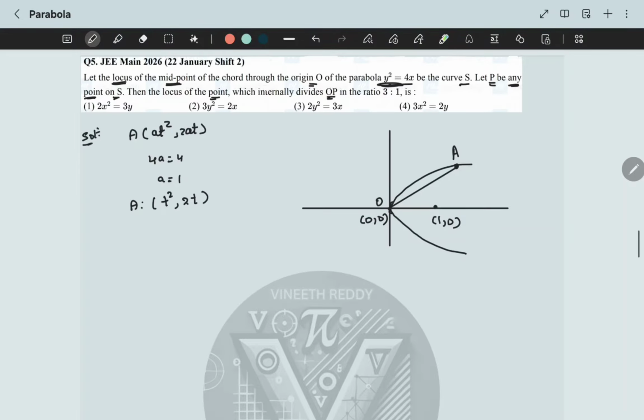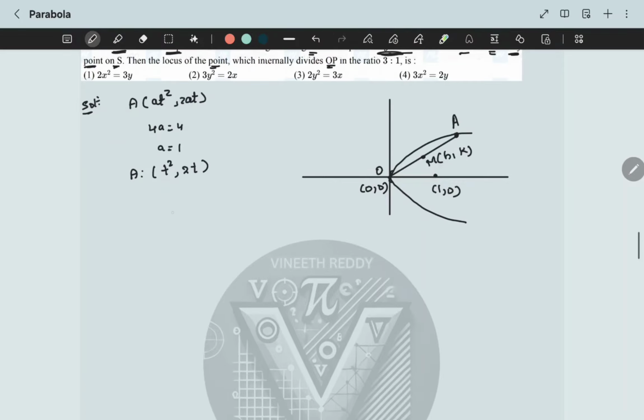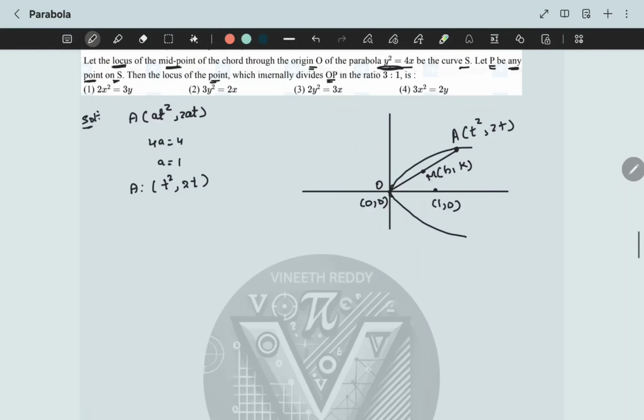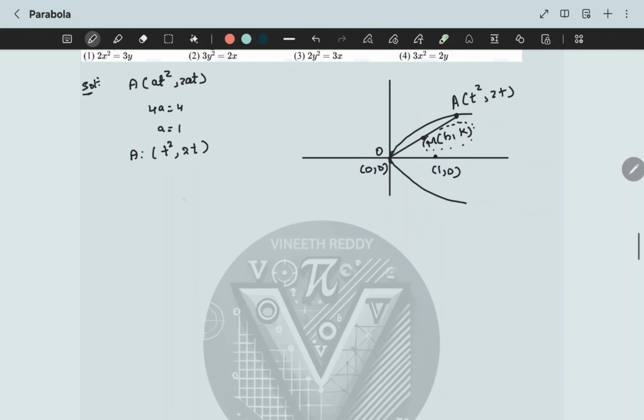Now I am interested in finding the locus of the midpoint of the chord through the origin. So let the midpoint be M, which is (h, k), right? Whenever they talk about locus of a point, you assume the coordinates as (h, k). Now think about how we can eliminate the parameter, that is t. We can write h is equal to (0 plus t square) by 2, because (h, k) is the midpoint.